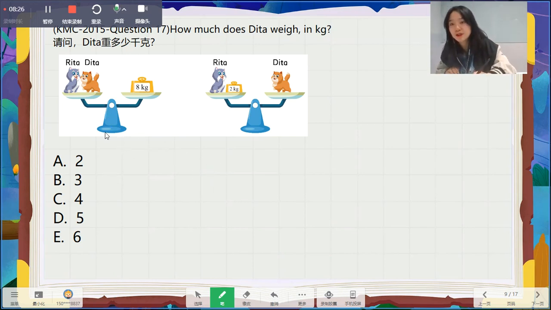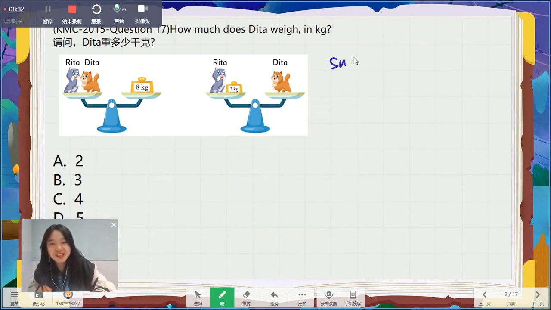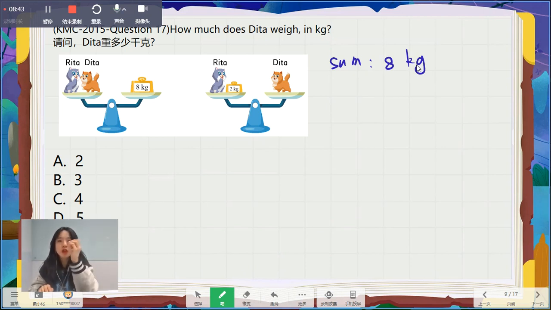So here it tells us the sum of Rita and Dita is 8 kilograms. And also the second, let's see, Rita plus Rita and 2 kilograms are equal to Dita.